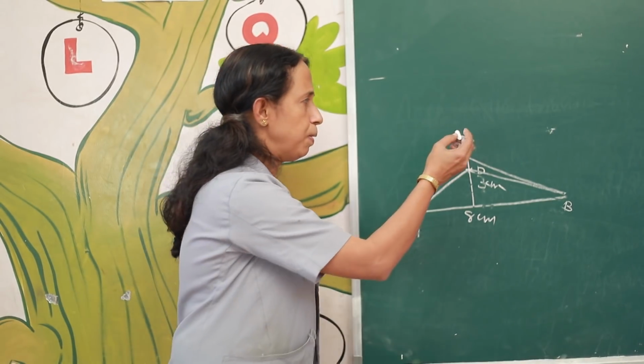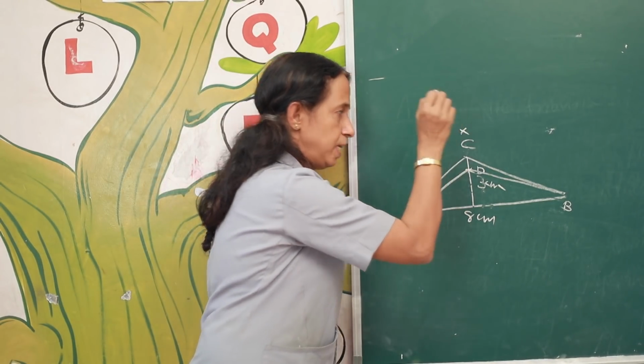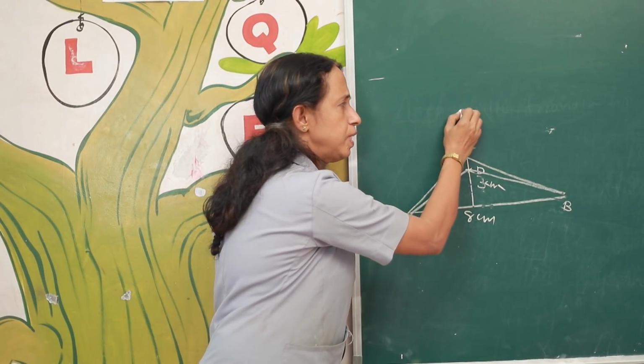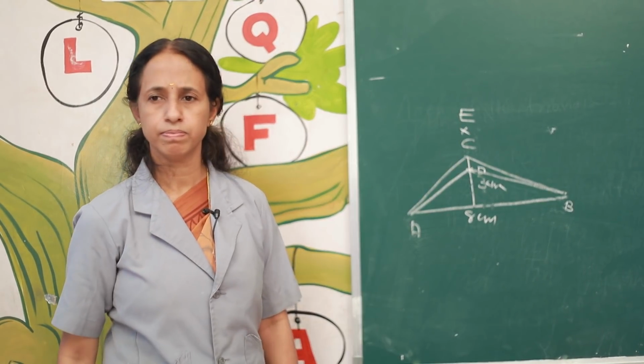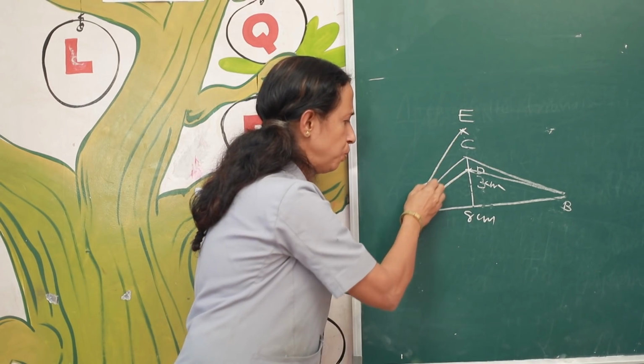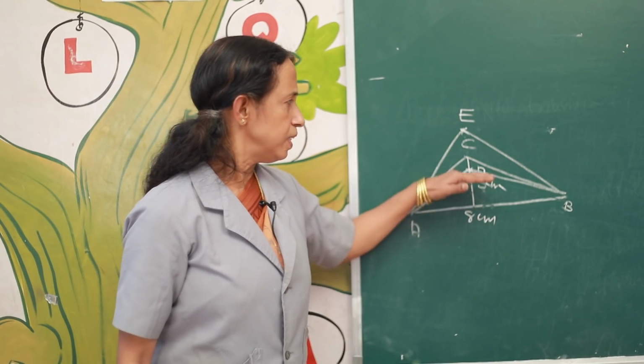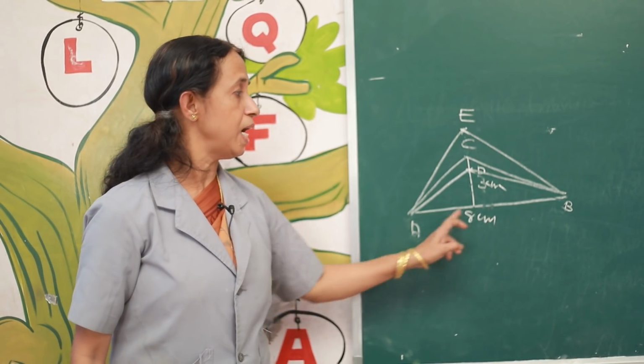Next, mark a point here, name it E. Connect E to A and E to B. This is another triangle, triangle ABE.